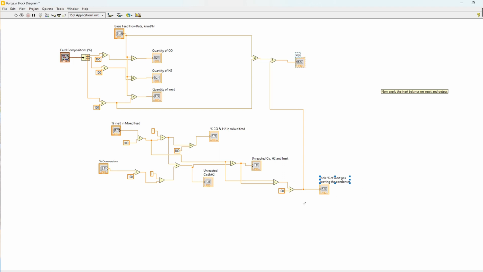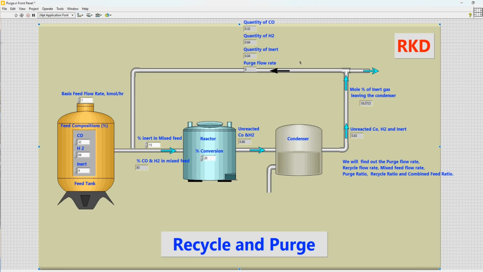So from here we can find out the purge flow rate.